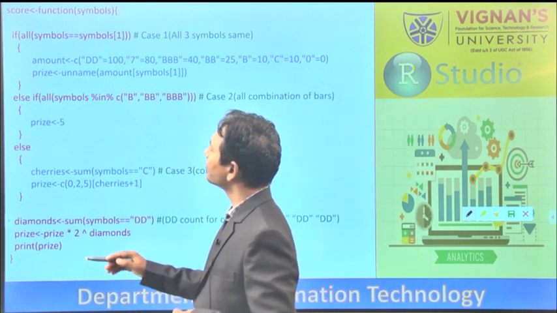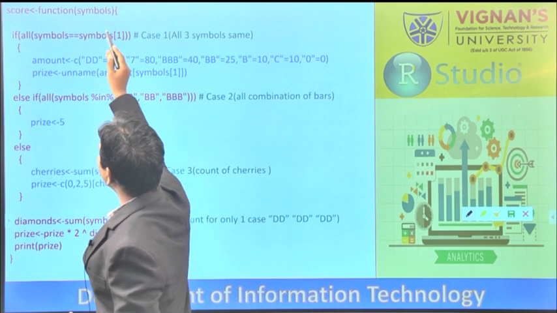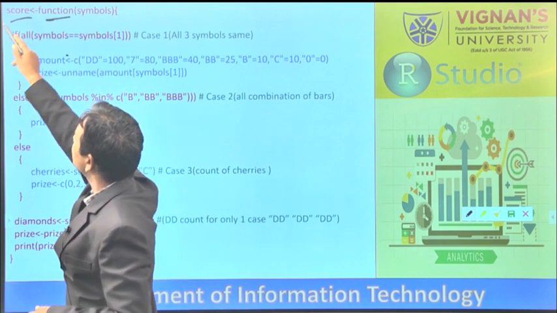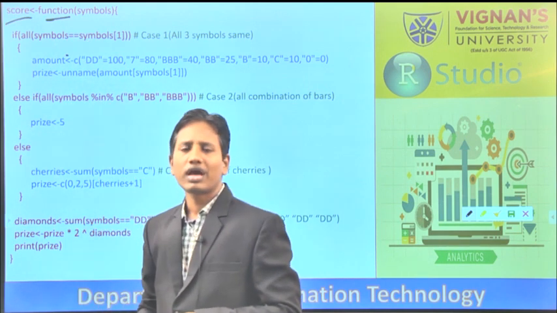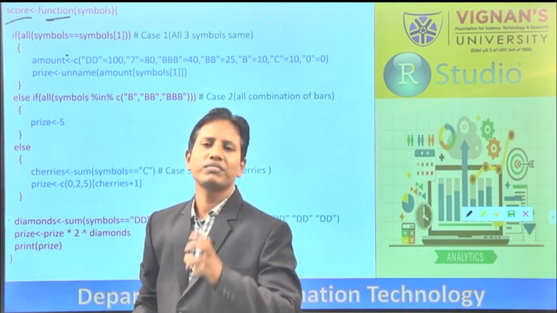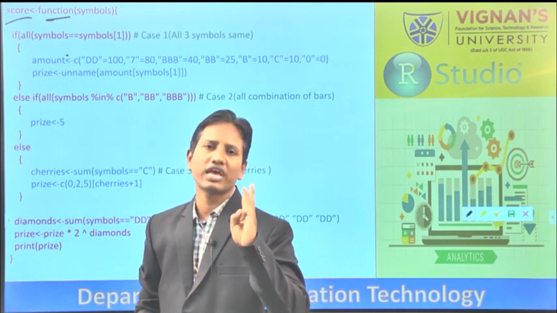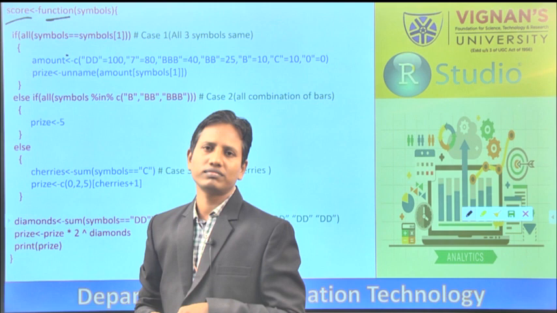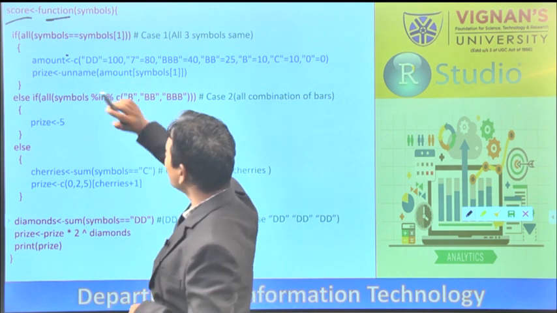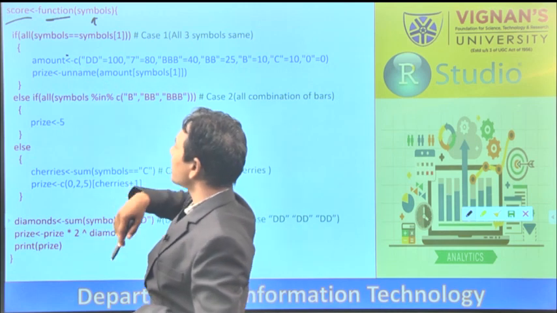This is the possible code. So see this code. I kept all this code in a function called score, and I am passing the symbols vector. The symbols vector contains three symbols which are generated randomly with the help of the sample function. Once it gets those three symbols, it checks the conditions.